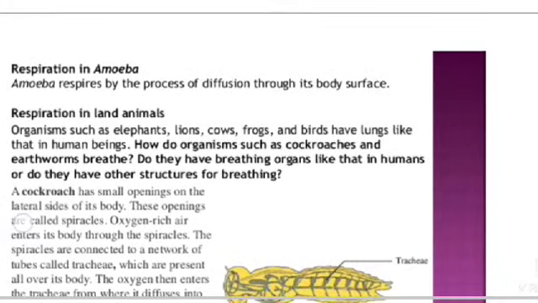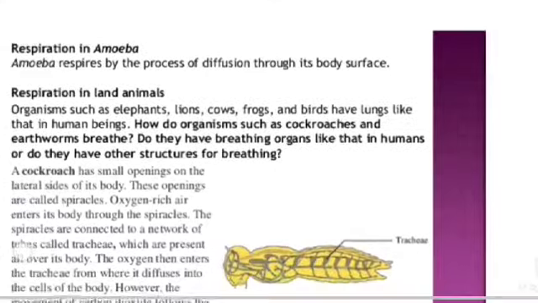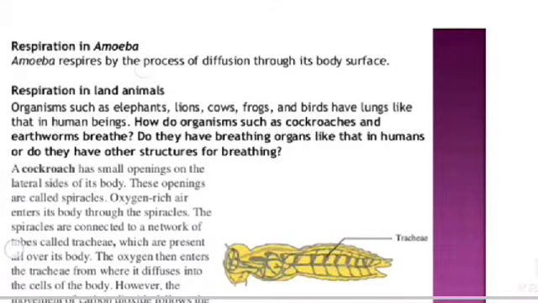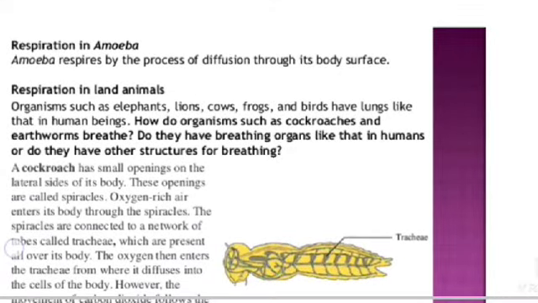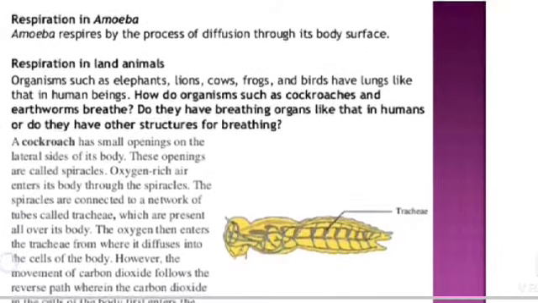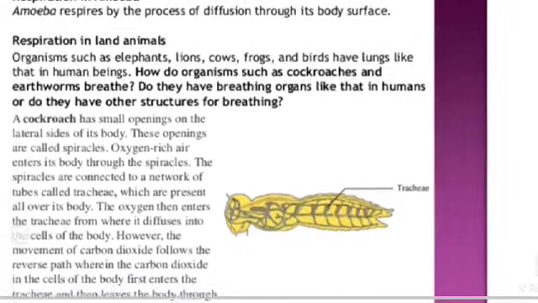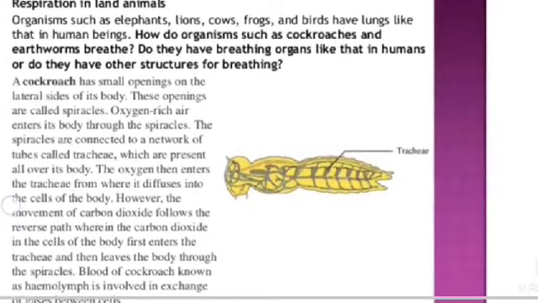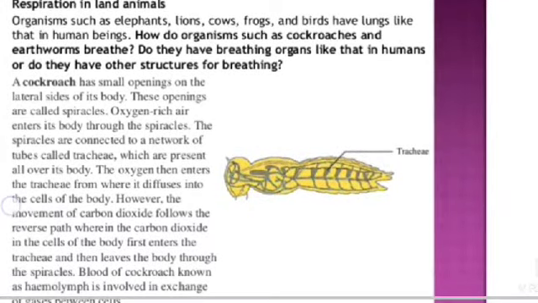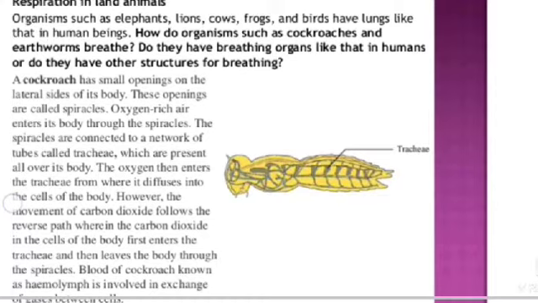Respiration in amoeba. Amoeba respires by the process of diffusion through its body surface. Respiration in land animals. Organisms such as elephants, lions, cows, frogs, and birds have lungs like those in human beings.